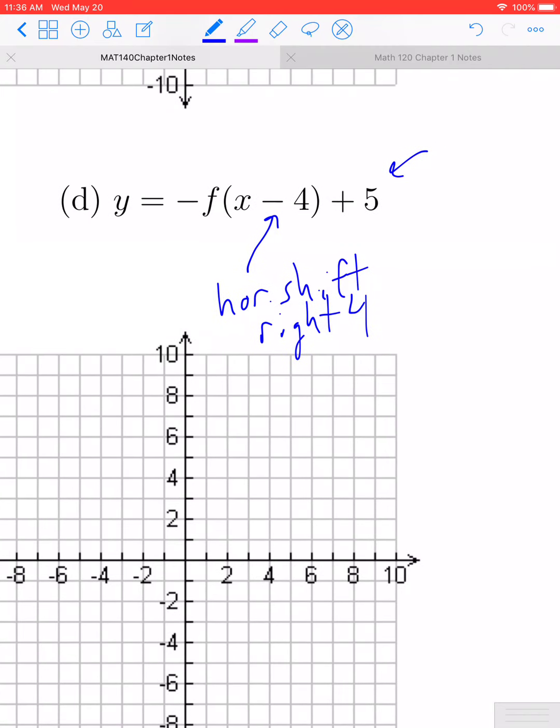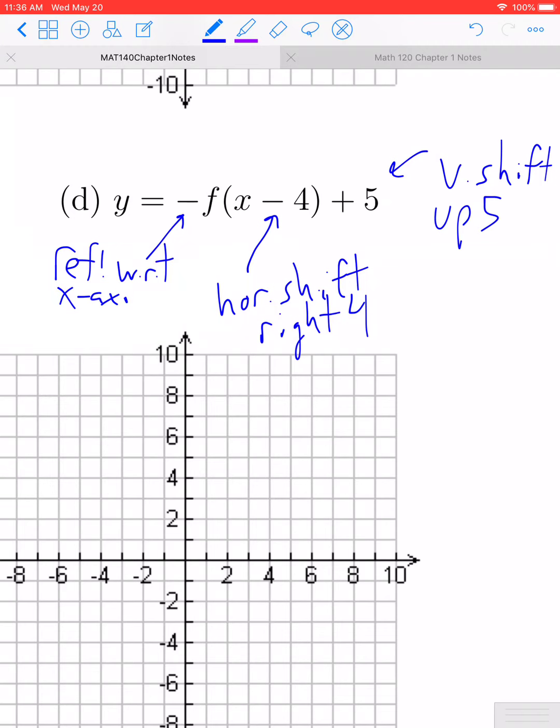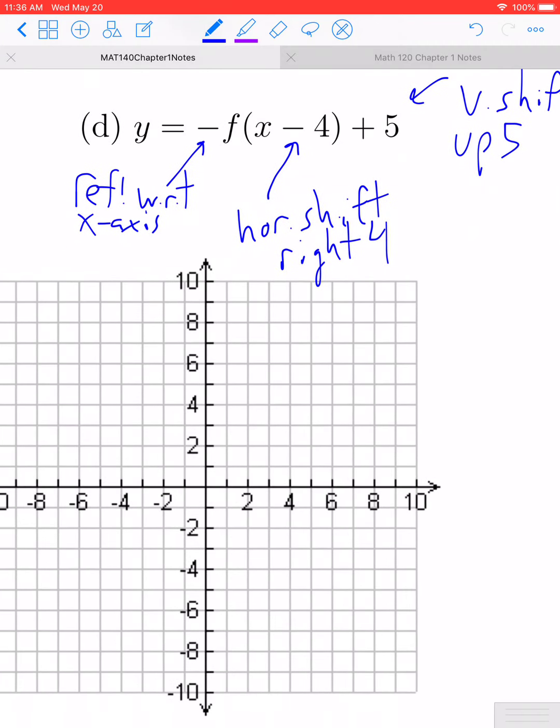We have an addition of 5 on the outside, so that's going to be a vertical shift, up 5. And we once again have a negative multiplying on the outside of the function. That's going to be a reflection with respect to the x-axis.